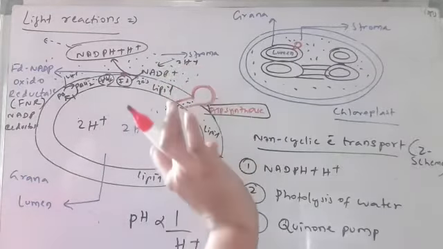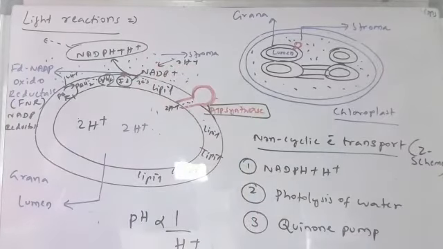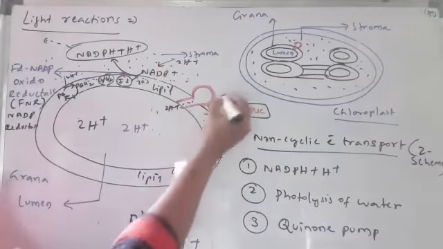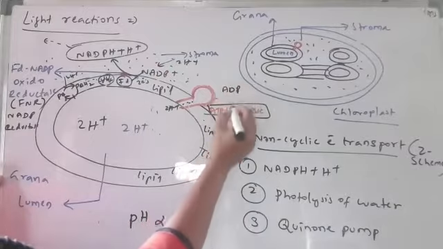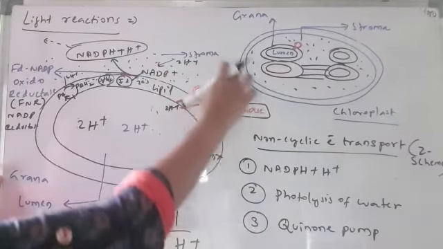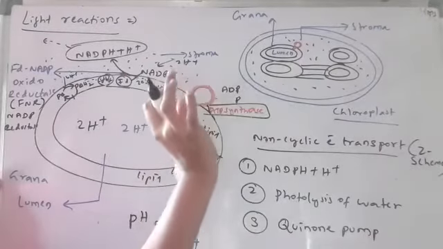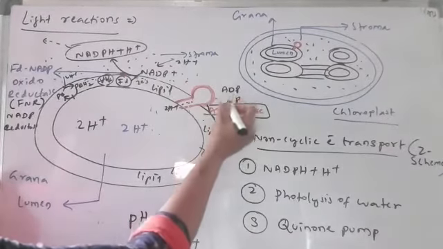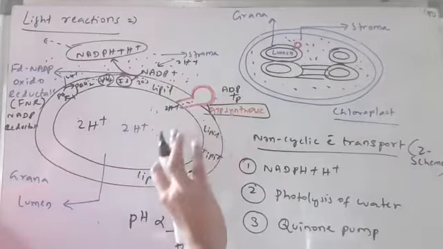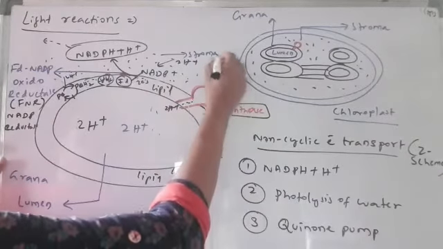Because of the rotation, ADP and phosphate, which are present in the stroma, get a combining force, and what is formed is ATP.